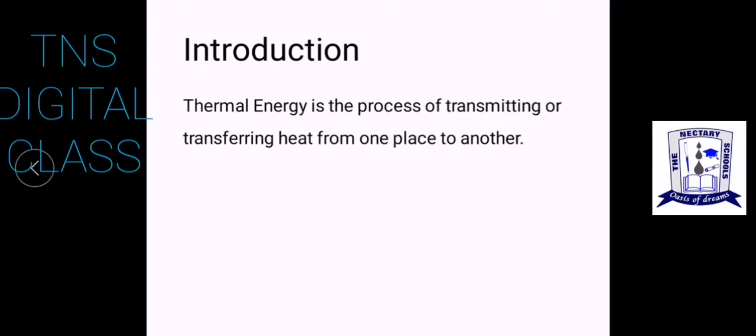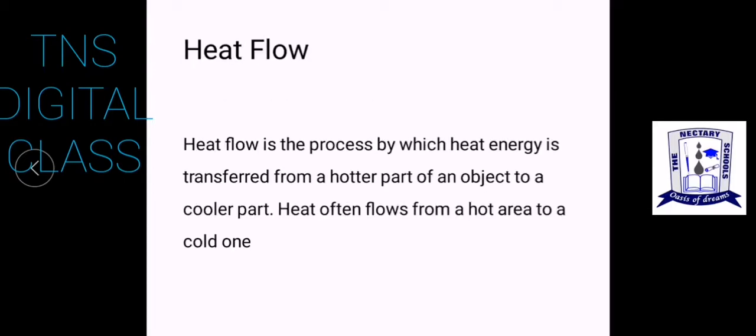So when heat energy is being transferred from one place to another, most probably the heat is going to be transferred from a hot place to a cold place. And when this happens, we said thermal energy has been transmitted or transferred from one place to another.